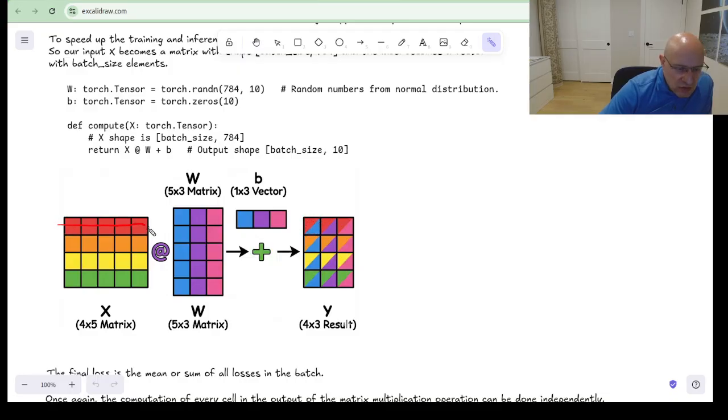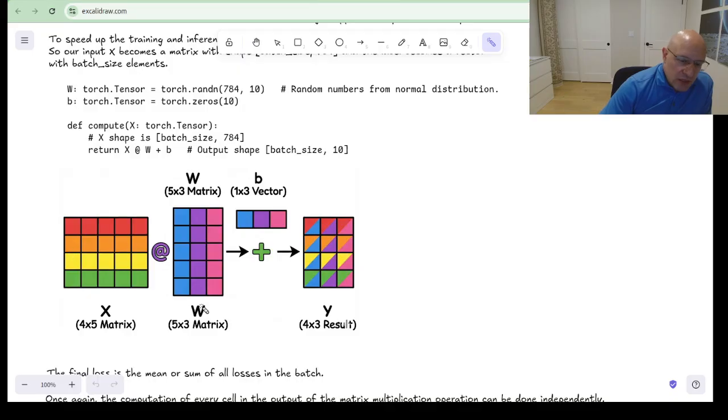Then this same training sample is multiplied by the second column, and the output is written into the second output. Then again, the whole input is multiplied by the third column, and the output is written here. And then we repeat it for the second input. Again, we get 3 outputs. Then this third input, and we get 3 outputs. So to produce this output, we're performing lots and lots of multiplication and summation operations.